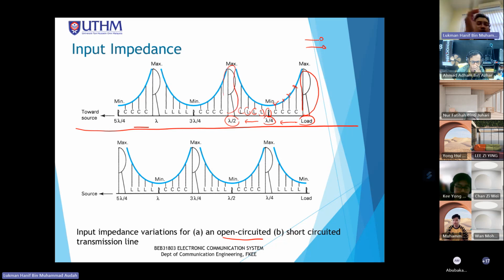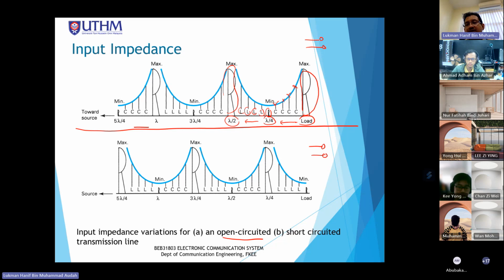This shows how the transmission line behaves at different points: at different points the input impedance would be different, and which parameter is dominant, either the resistance, the inductance, or the capacitance.